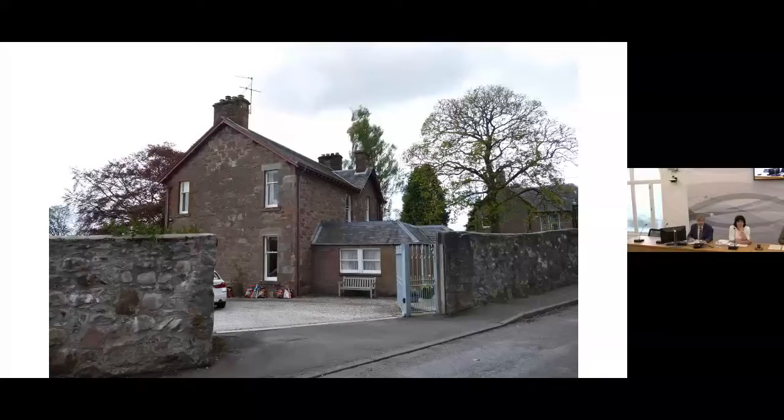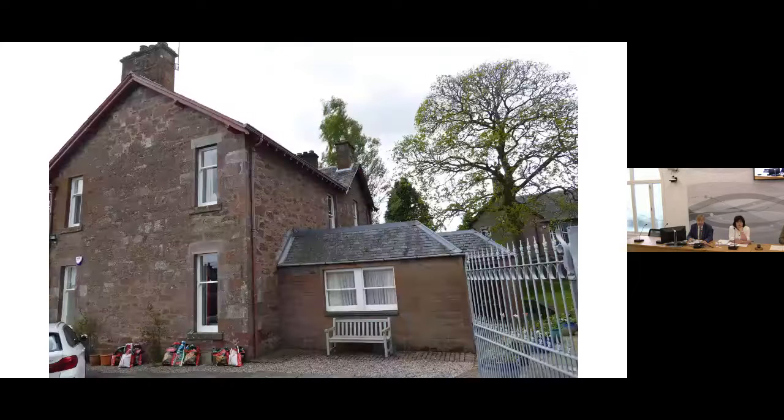And this is from Kirkwynd, taken through the gate into the house. Again, you can see the windows there are quite visible. The windows appear to be in a good state of repair. Next slide, please. Standing just inside the gate, you can see the windows a bit more closely. Next slide, please.